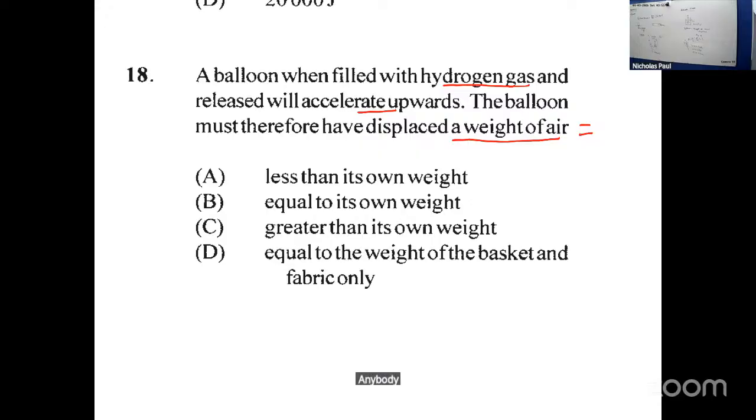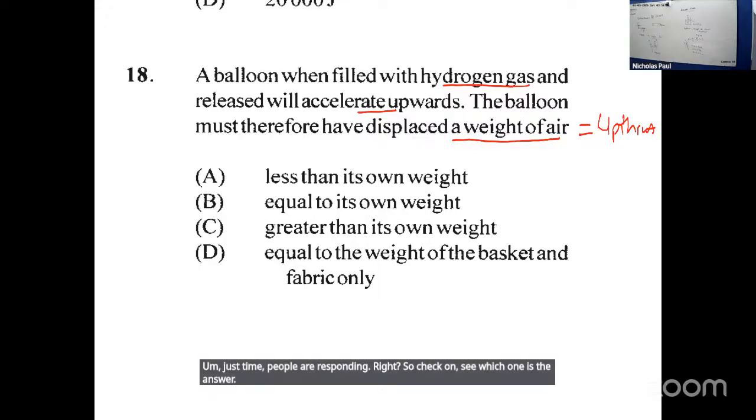Anybody could answer. Upthrust. Good job, Tiana. Thank you for responding. Right? So check and see which one is the answer.